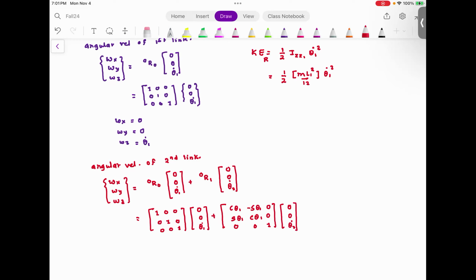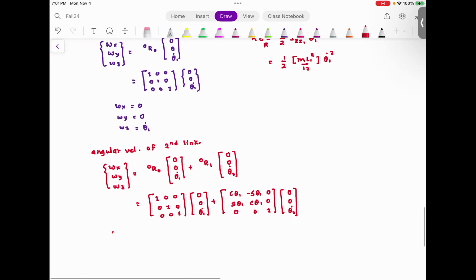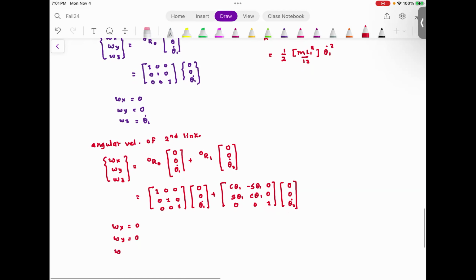When you perform all this multiplication, you realize omega x is equal to 0, omega y is equal to 0, and omega z is equal to theta 1 dot plus theta 2 dot.